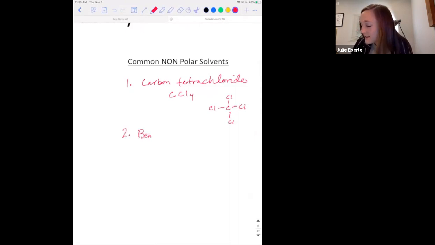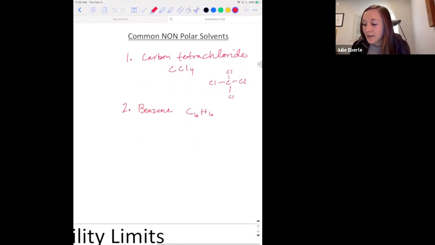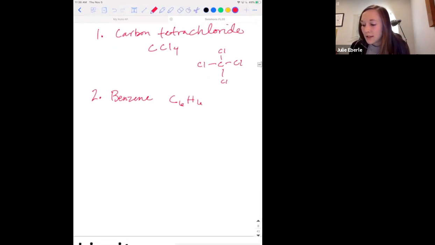Benzene. This is just a hydrocarbon, C6H6. Can anybody think about how this would look? C6H6. Benzene. It's very nonpolar, so it would mix with oil. A lot of organic chemists use benzene to dissolve stuff. It's actually a ring, like a hexagon.